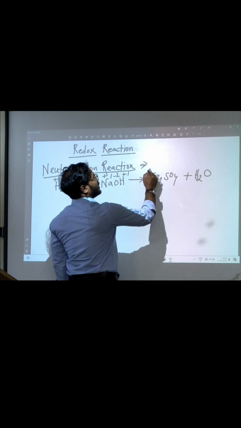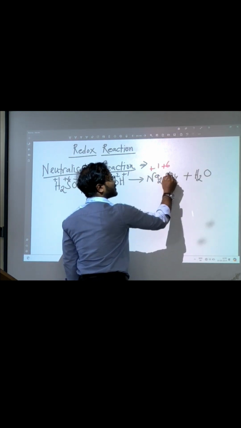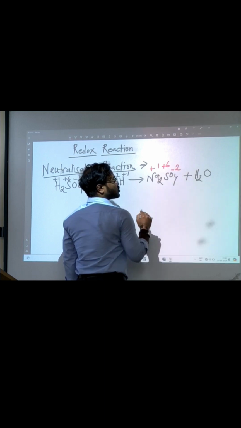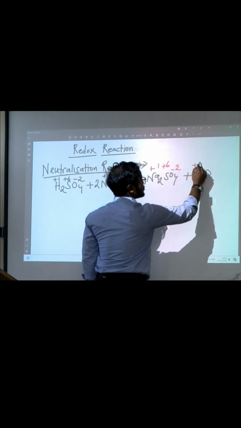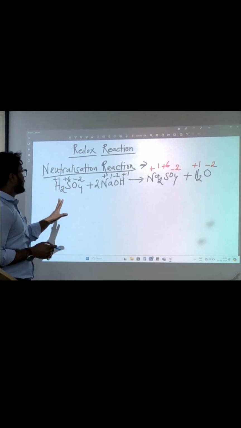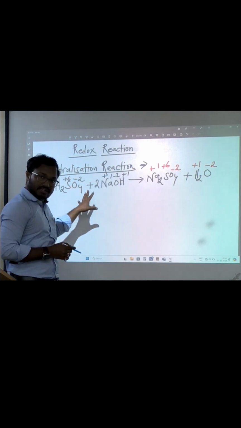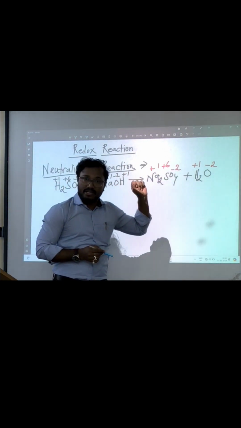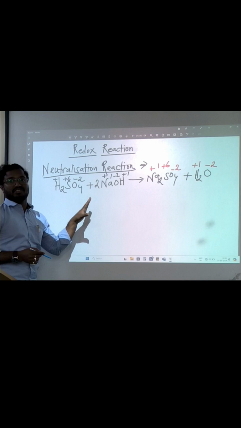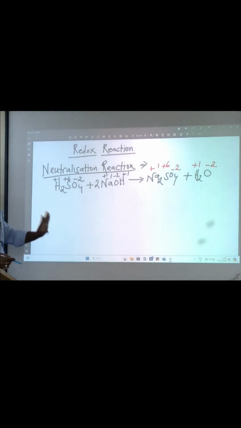In the product side, sodium is +1, sulfur is +6, and oxygen is -2. Hydrogen is +1 and oxygen is -2. So we can clearly see there is no change in oxidation state either on the reactant side or the product side. So we will not consider this reaction a redox reaction. This is a non-redox reaction.